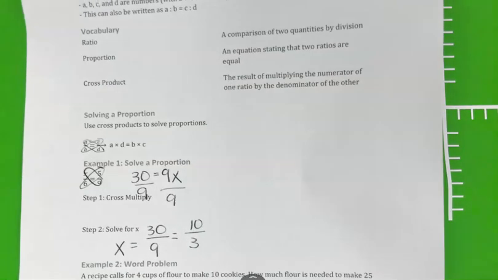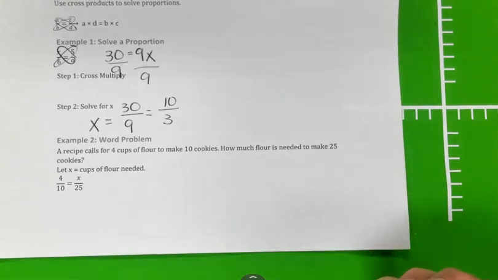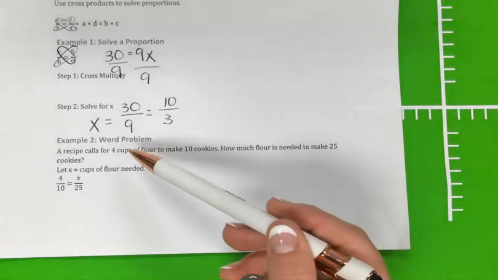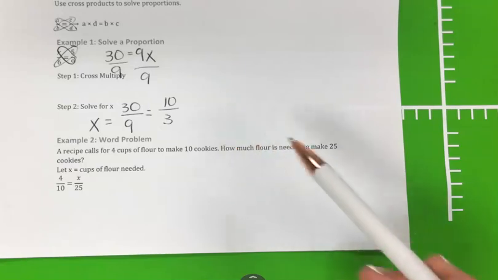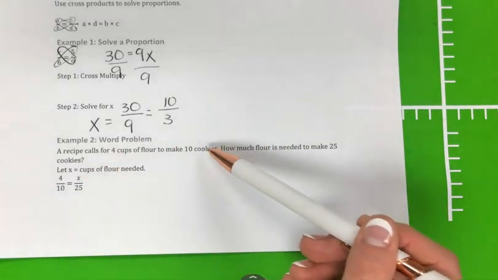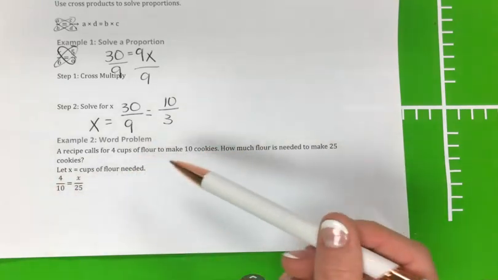Okay. Another real-world situation where you can see these is in a recipe, kind of like what we did last time with the ratio, but I don't know what I need to multiply by. So if I've got 4 cups of flour makes 10 cookies, and I want to make 25 cookies, there's not a number I know off the top of my head that can multiply 10 to 25, so I can set up a ratio.